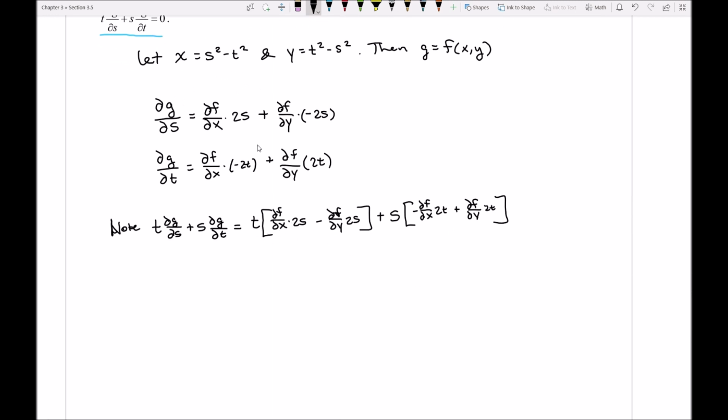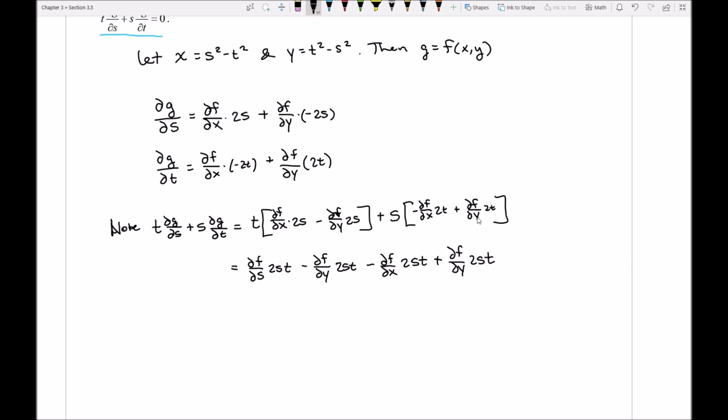If I did some distributing here, that would give me a partial derivative of f with respect to x times 2st, minus a partial derivative with respect to y, 2st, minus over here a partial derivative of f with respect to x, 2s times t, plus a partial derivative with respect to y, 2s times t.